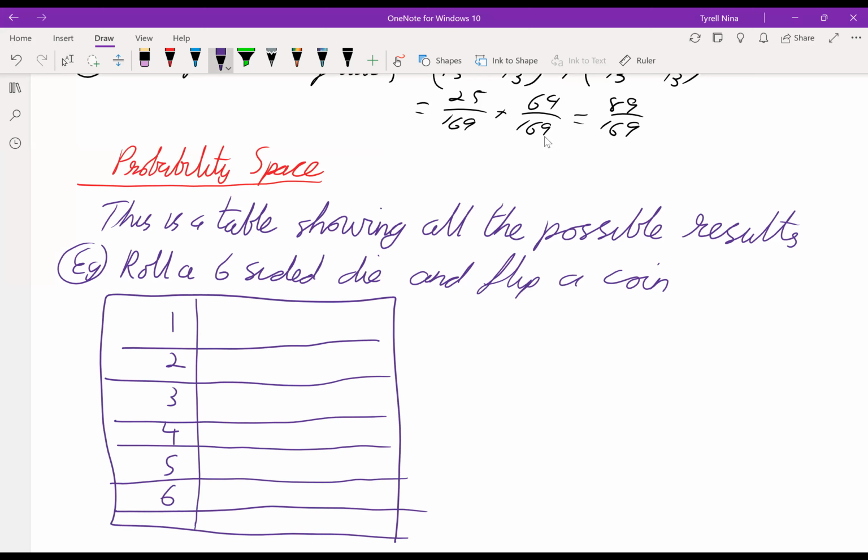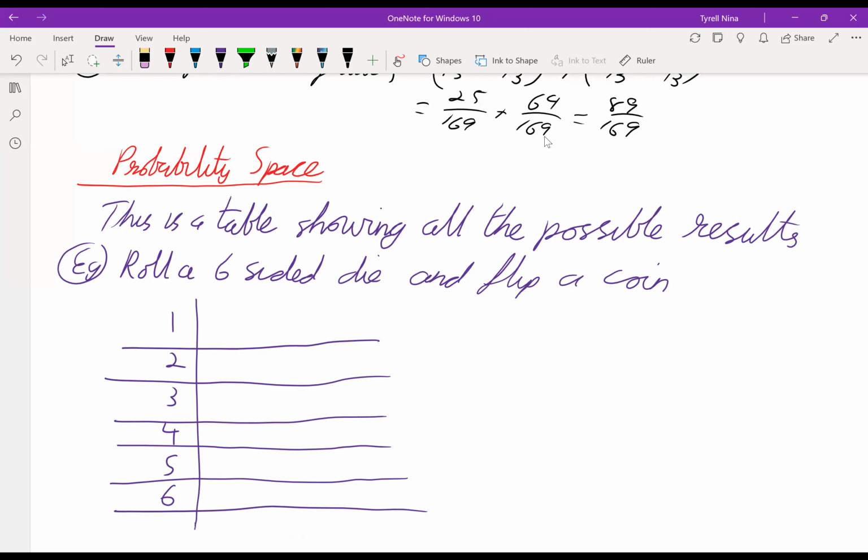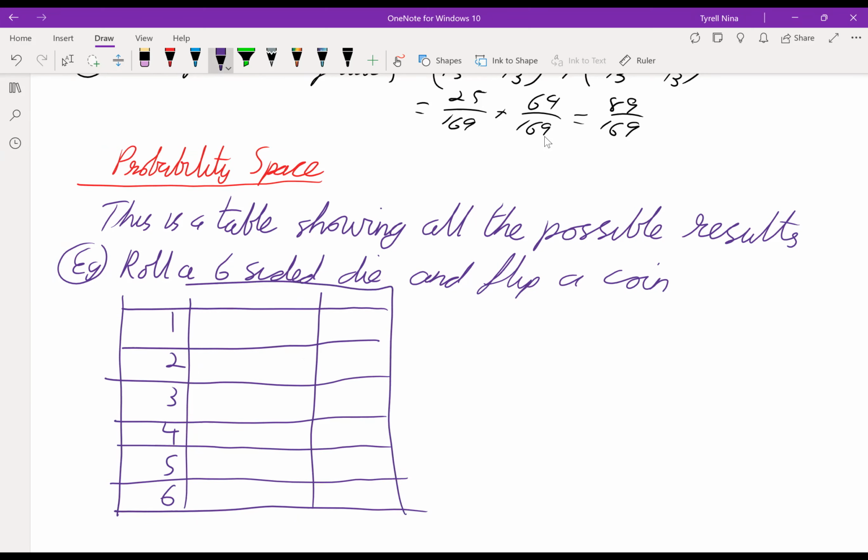All right. And the coin could either be heads or tails.